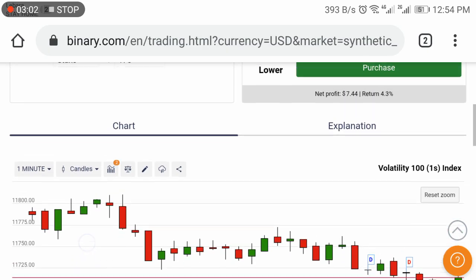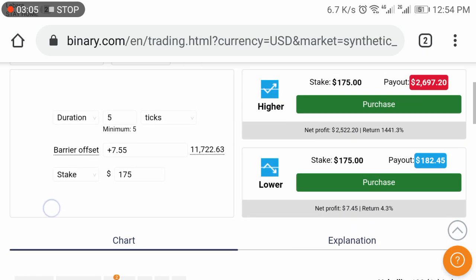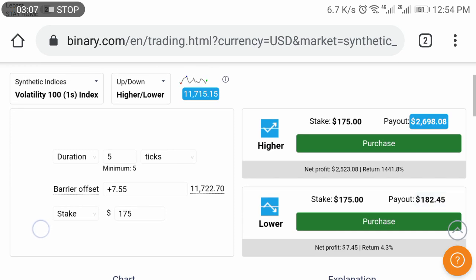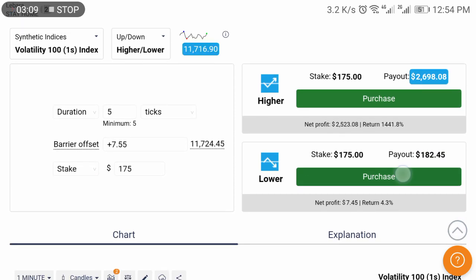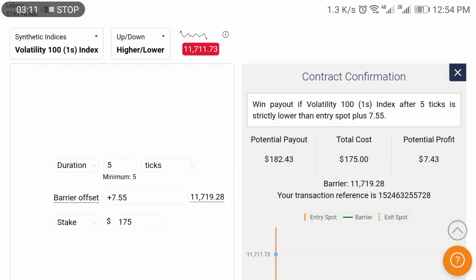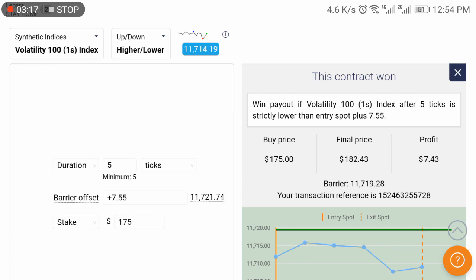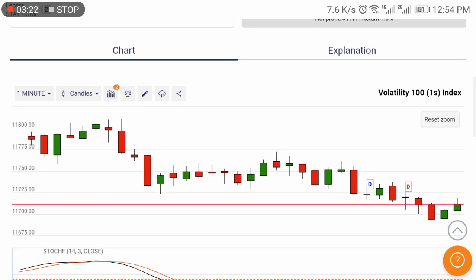It's 7.55 points, so we'll place a trade. Let's purchase a contract, and look here, we won again. We won again because this candle has no move.